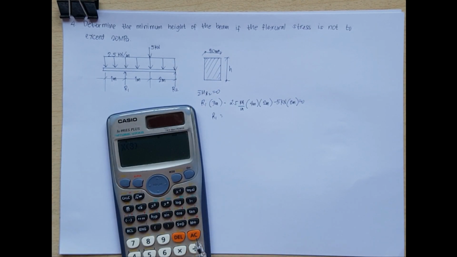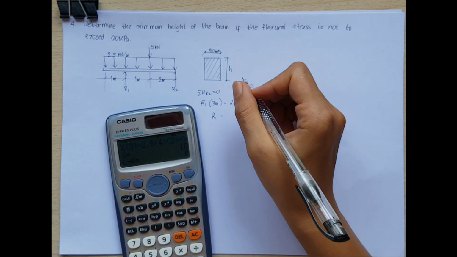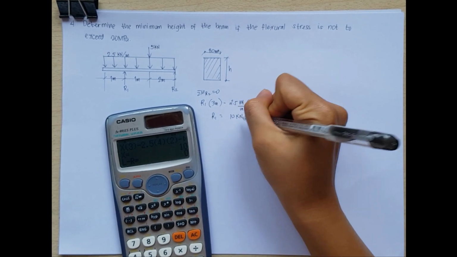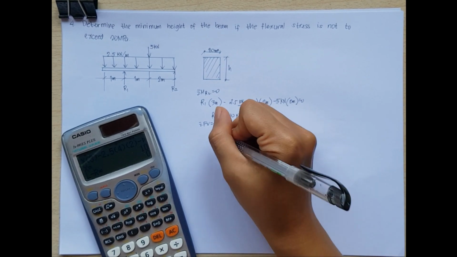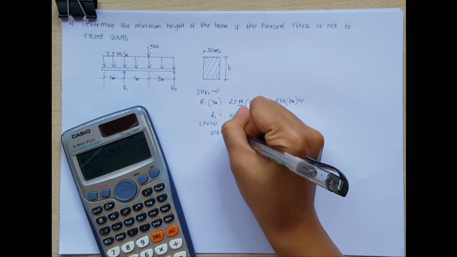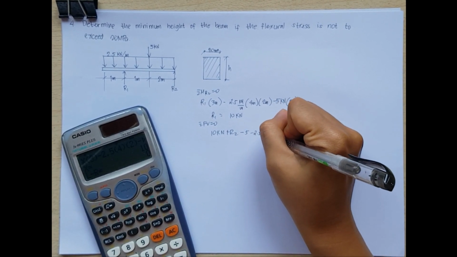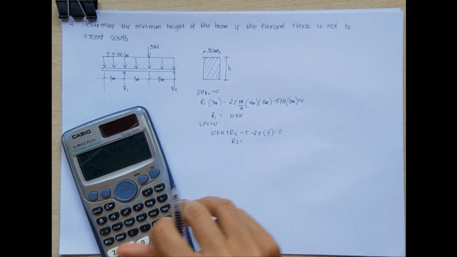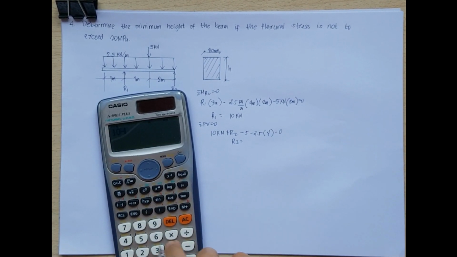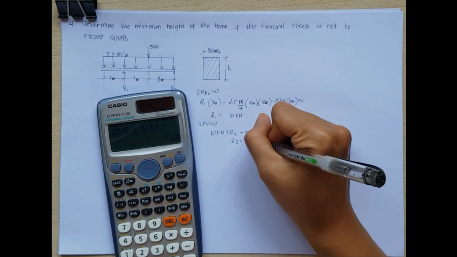The reaction 1 would now be equal to 10 kilonewton. And then having the summation of forces vertical is equal to 0. So, we have 10 kilonewton plus R2 minus 5 minus 2.5 of 4 meters is equal to 0. Therefore, the reaction at 2 is equal to 10 minus 5 minus 2. So, transpose natin. So, magiging 5 kilonewton.